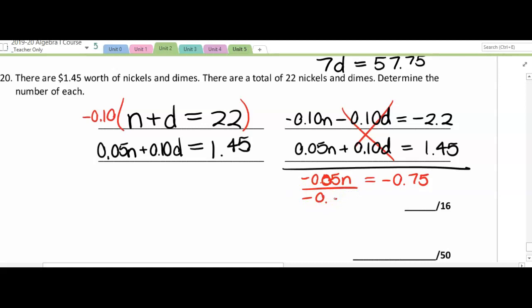Dividing by -0.05 on both sides gives me 15. So I know I have 15 nickels. Remember, altogether I had 22, so I must have 7 dimes.